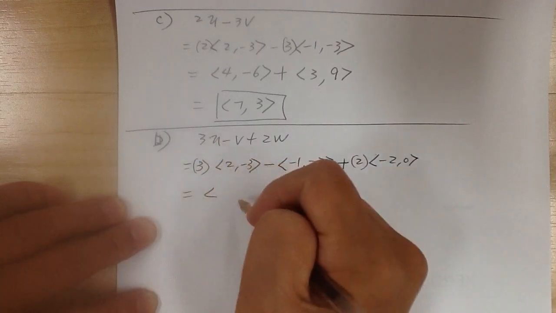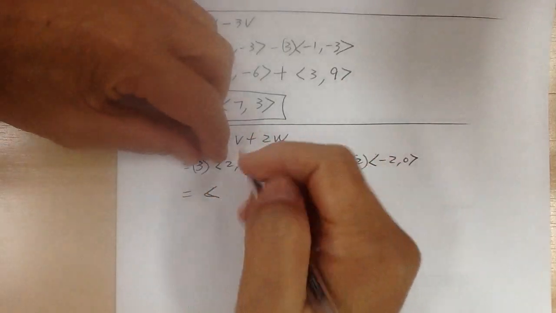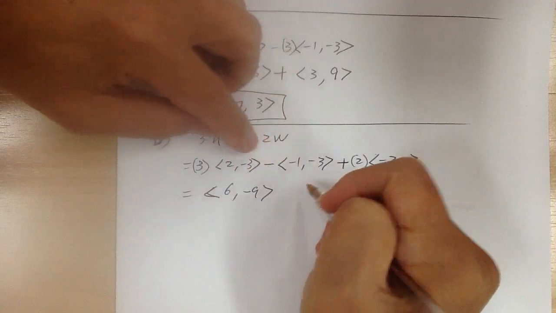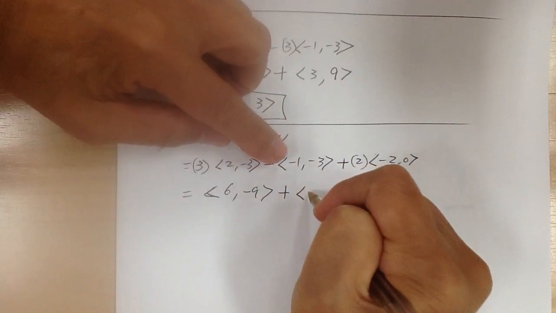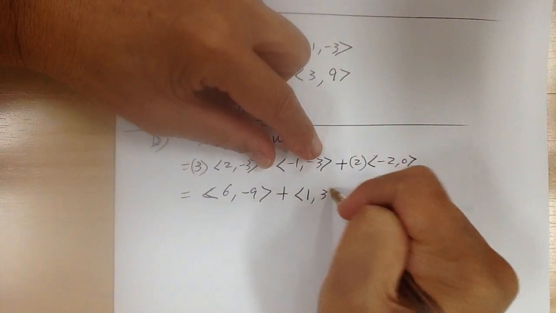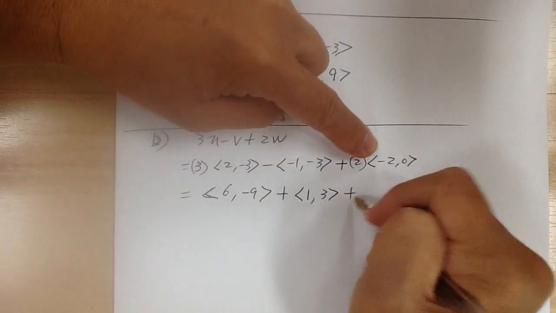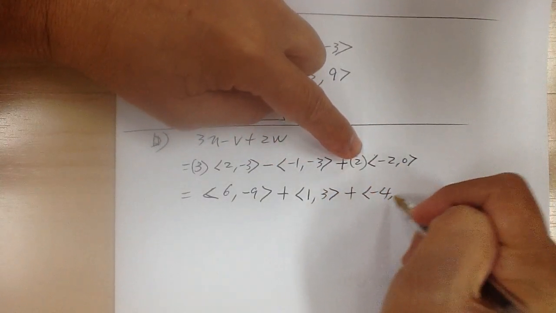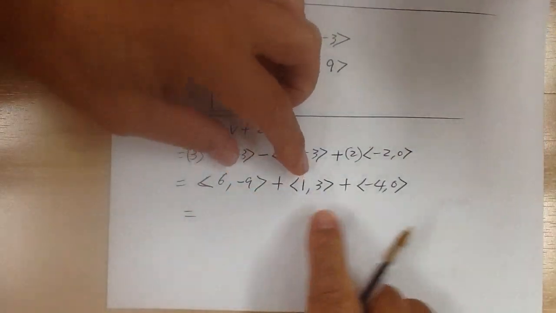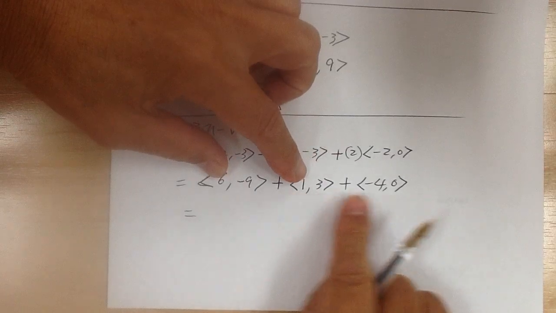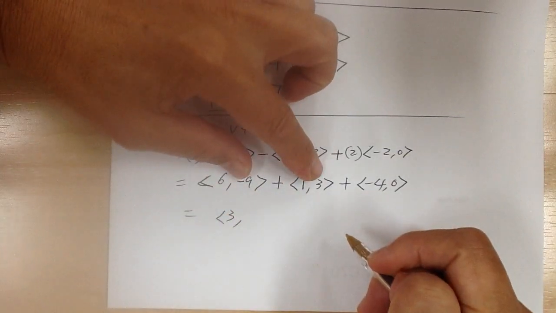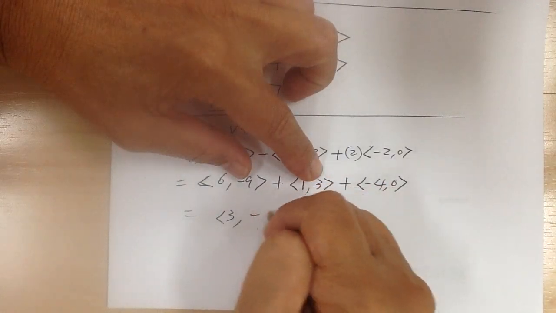So distribute everything. It'd be 6, comma negative 9. Again, I'm going to distribute the negative in, so it becomes plus. Negative times negative is positive 1. This becomes positive 3. This one will become negative 4, 0. Now you can add this together. So 6 plus 1 is 7, minus 4 would become 3. Negative 9 plus 3 is negative 6.